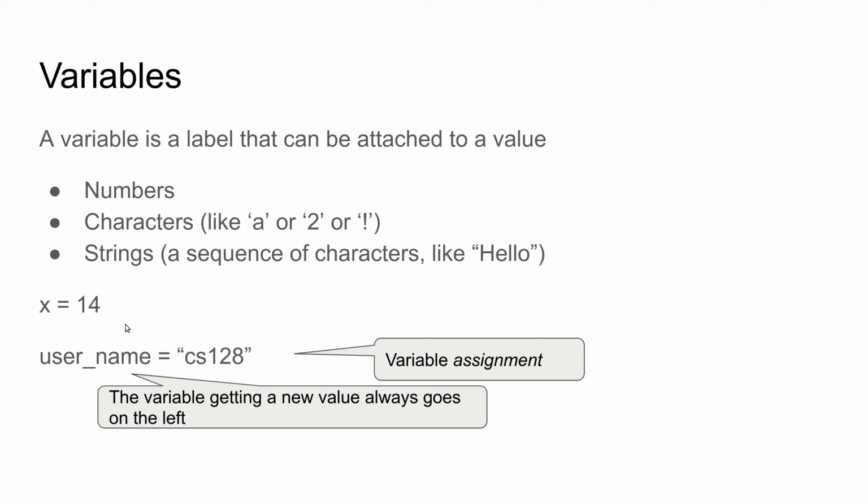People often switch these around, and in something like math, that's perfectly fine. If you say x equals 3 or 3 equals x, those are equivalent. But in programming, we almost always, from what I've seen, are going to have the variable name on the left and the value on the right-hand side.